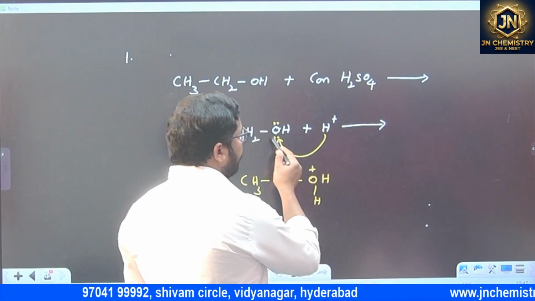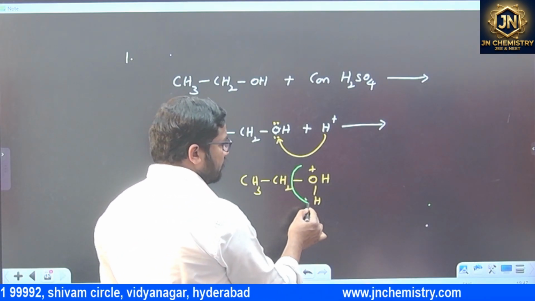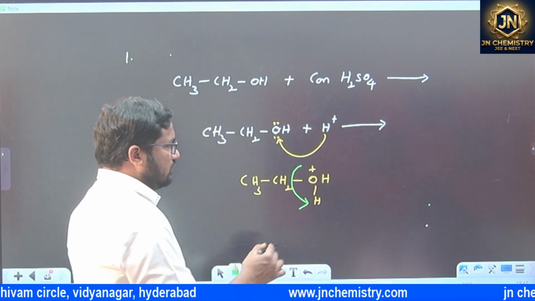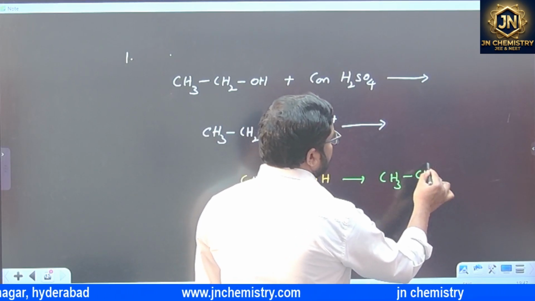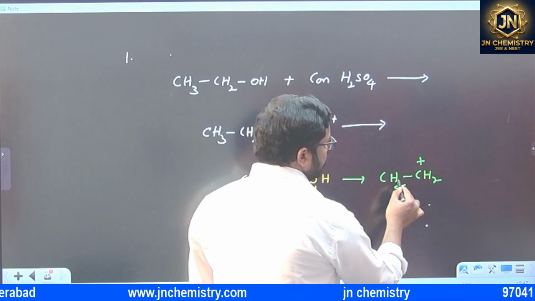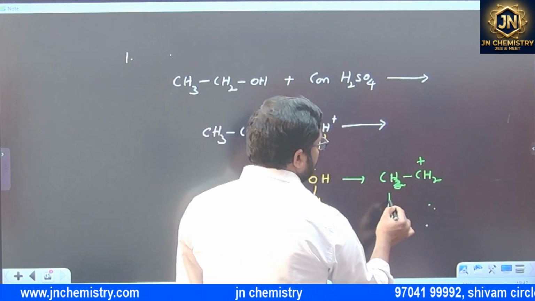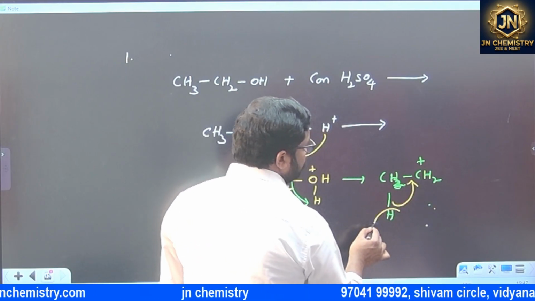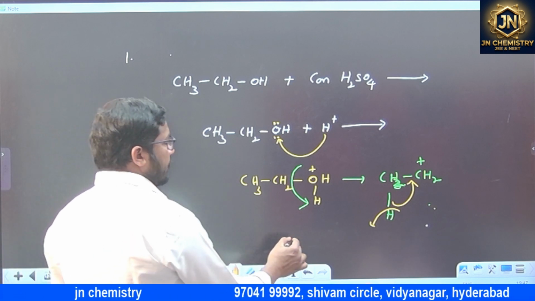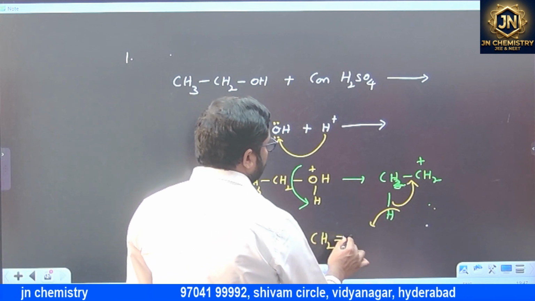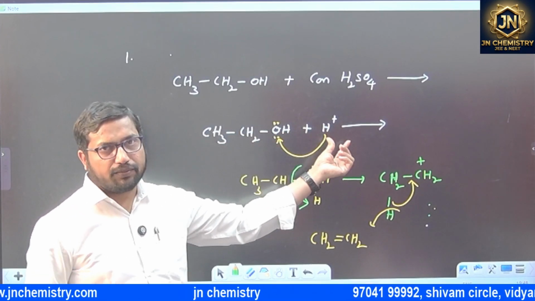OH is a poor leaving group, whereas water is a good leaving group, so water goes out and we get the CH3CH2 plus carbocation. Then the H plus we added goes out with the alkene, CH2=CH2. H plus is nothing but a proton.